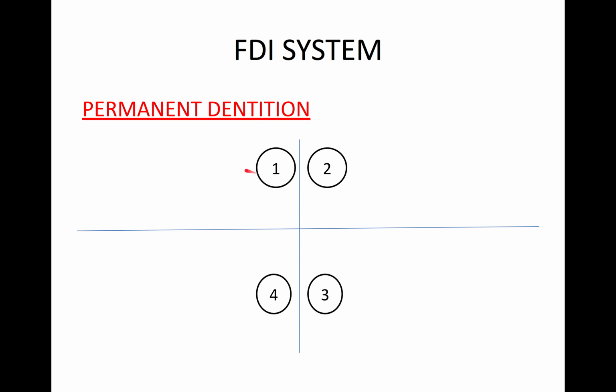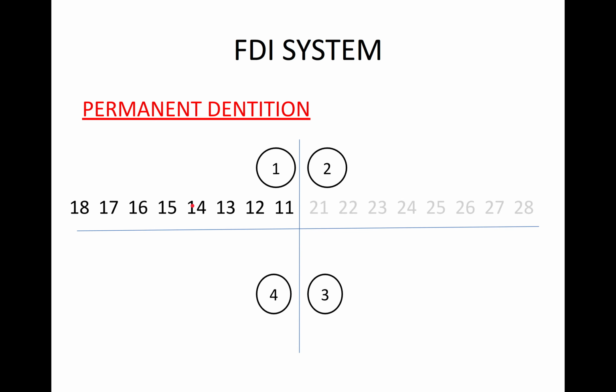In this quadrant, 1 remains the same, and then 1 to 8 is the tooth number. So 1-1 stands for permanent maxillary right central incisor, 1-2 is for permanent maxillary right lateral incisor, 1-3 is permanent maxillary canine, then first premolar, second premolar, first molar, second molar, third molar.